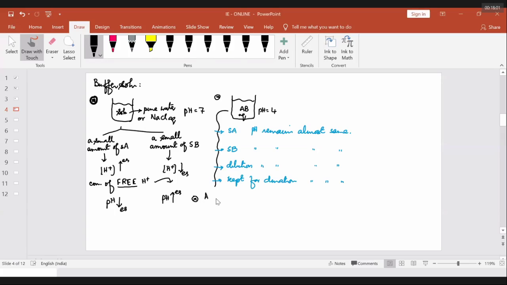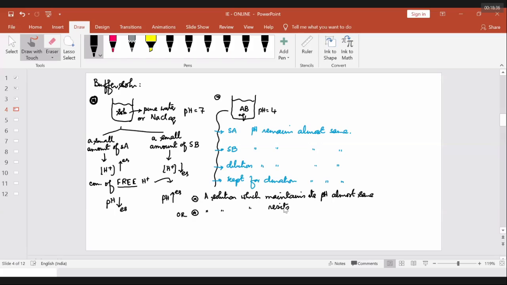a solution which maintains its pH almost the same, or one more way of saying is, a solution which resists the change in its pH value.